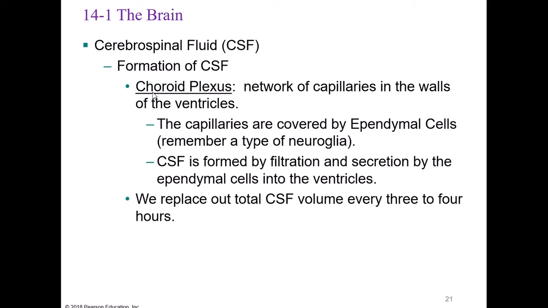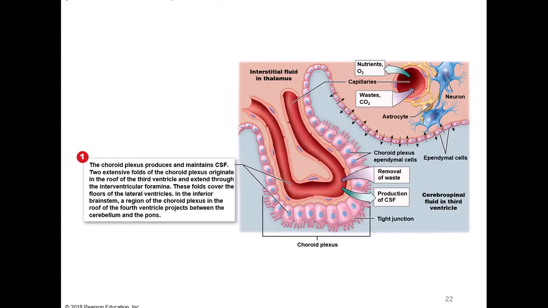Now, the choroid plexus is in close association with a neuroglia known as the ependymal cells. I put that here just to remind you that it's a type of neuroglia. It's these two structures, the choroid plexus capillaries and the ependymal cells, that are going to make the cerebrospinal fluid.